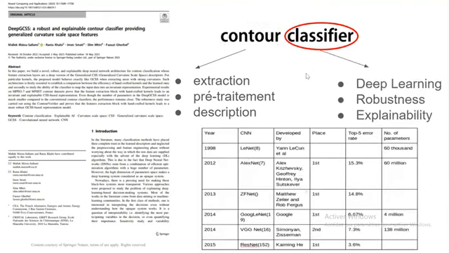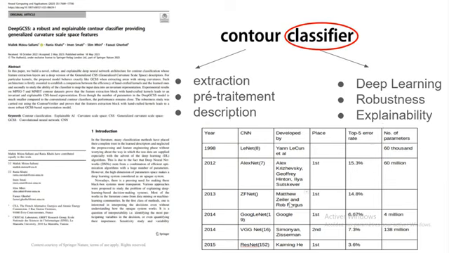But we move to the second keyword, which is the classifier. Here we have a deep learning classifier, and from the title we find robust and explainable. So we have mainly two topics to be treated, which are the robustness and the explainability of the deep learning architecture.